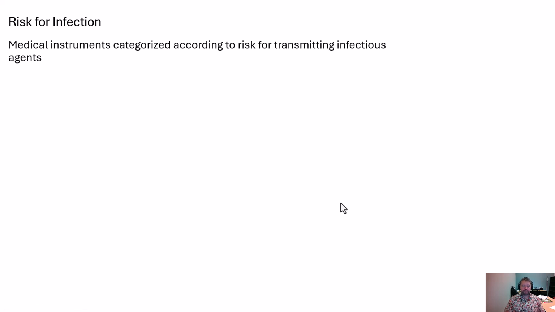Risk for infection. Okay, this really is based on quite a few things, but often we're interested in, what's the medical instrument that is being used? Different medical instruments have different ratings on their risk for transmitting infectious diseases or infectious agents or pathogens.